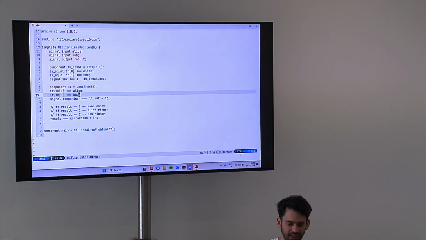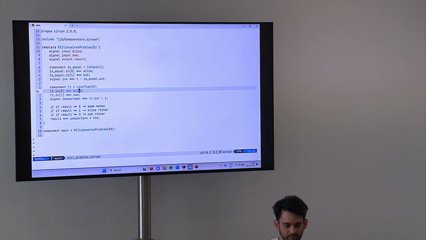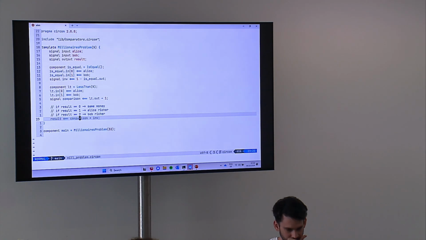So if Alice has less money, then this value is 0. Okay, I'm getting confused now, and then we increase it, so we get 1 for Alice and 2 for Bob. And then we multiply the two things. This is 0 if the amount of money is equal, and 1 if not, and then we get the value from the less than operation. So nothing really complex going on here.